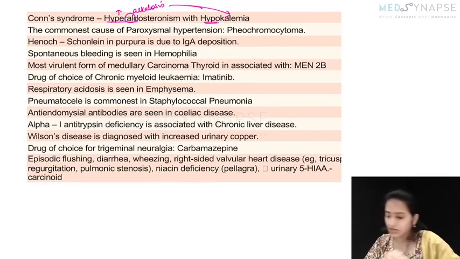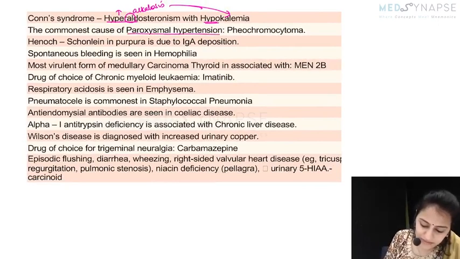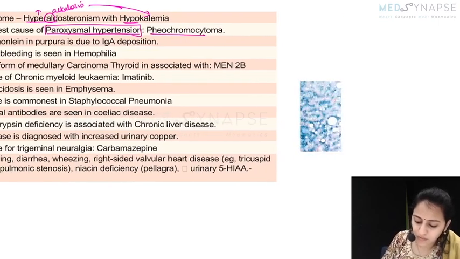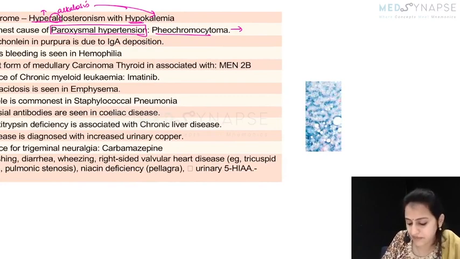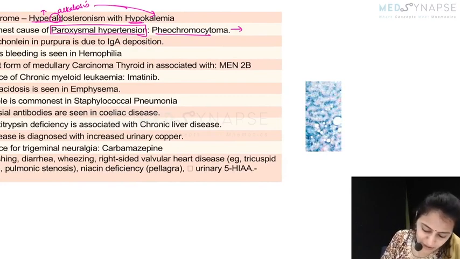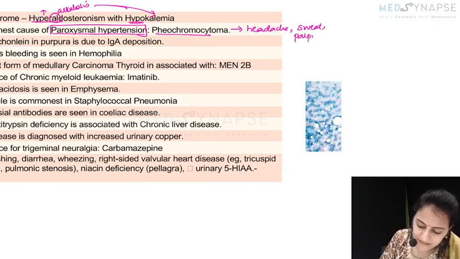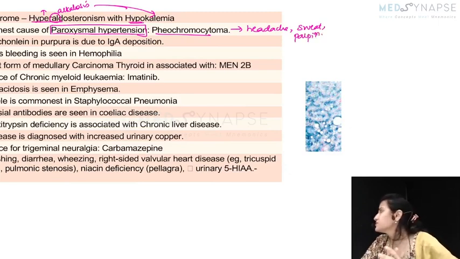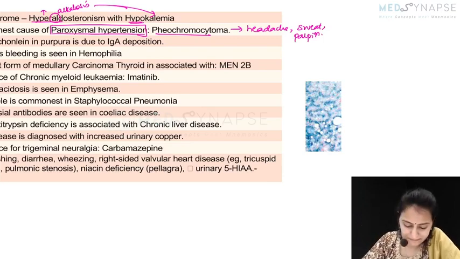The commonest cause of paroxysmal hypertension. Sudden hypertension is happening, pheochromocytoma, the norepinephrine, epinephrine coming in. There is history of paroxysmal hypertension, headache, sweating, palpitations. Right? All the sympathomimetic clinical features.